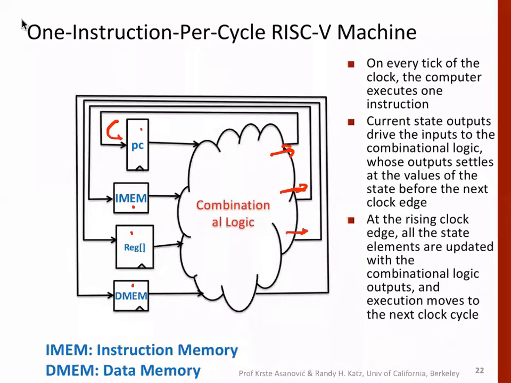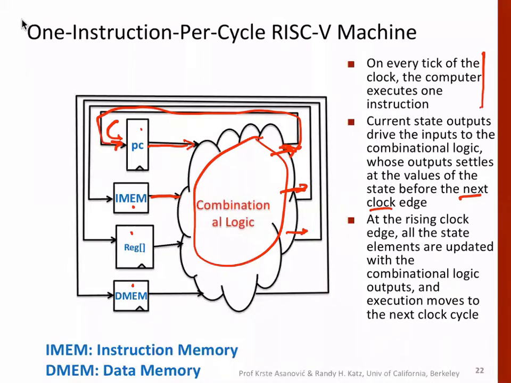So now let's read this. Every tick of the clock, the computer executes one instruction. It means that in one cycle, one instruction is executed. The current state output drives the input of combinational logic, whose output settles at the value of the state before the next clock edge. So the output goes to the combinational logic circuit, which does its work, and then the output goes back to the state elements, and we make sure the value is stable when the next clock edge happens.